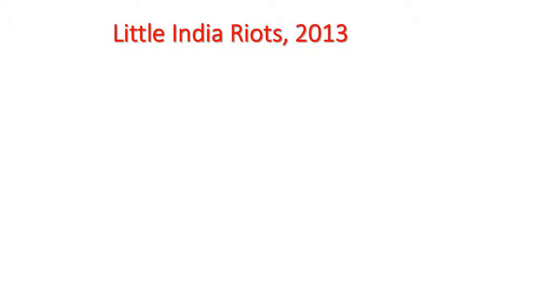If you remember, to give you some background to this, the Little India riots occurred in 2013, where a group of foreign workers from South Asia, particularly countries, for example, like India and Bangladesh and Pakistan, actually engaged in mob behavior, targeting firstly the bus driver and then also other vehicles that belong to authority in a specific area in Little India.